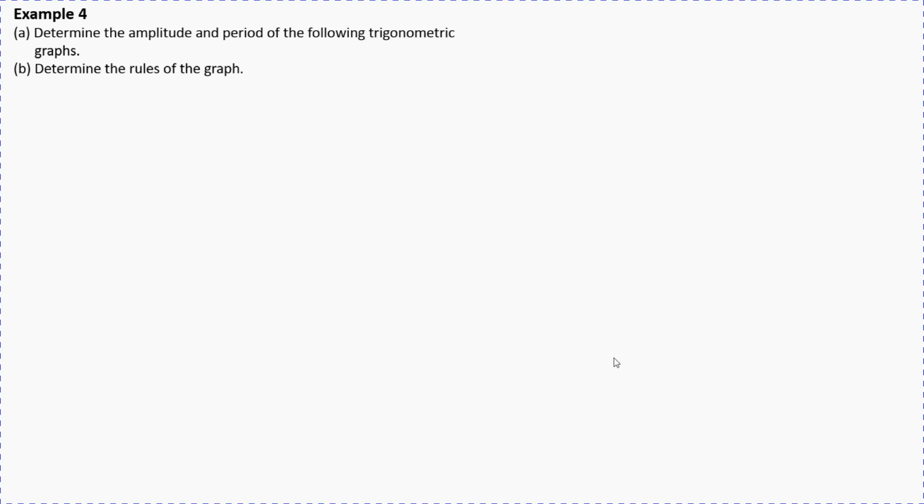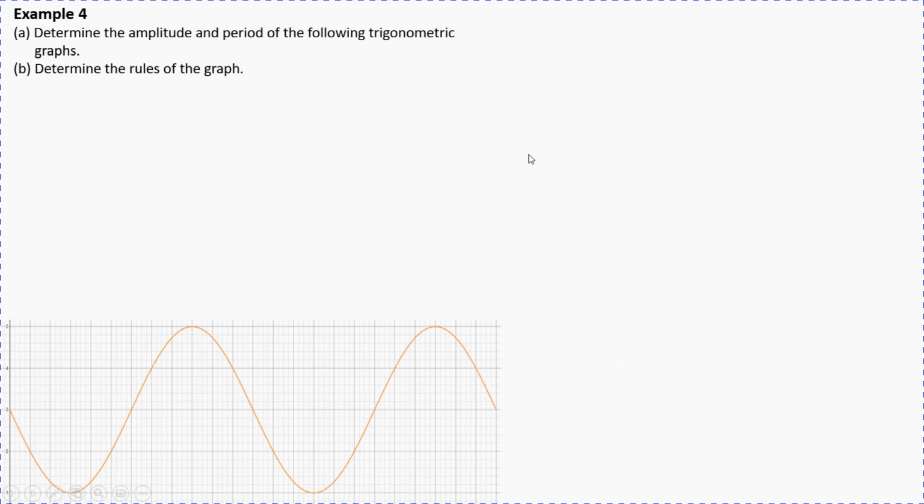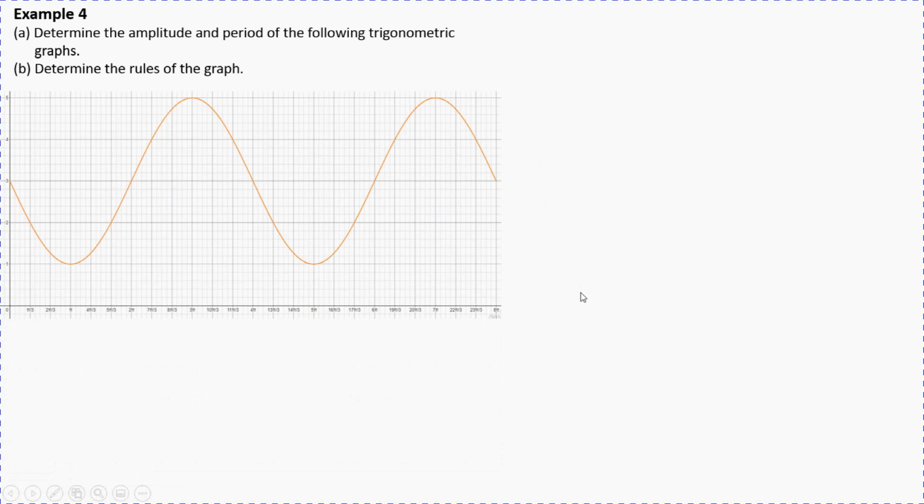This example is again the same question, but I give you another graph. Again, you need to find the amplitude and period first and then determine the rules. This time I think I should give you some time to work by yourself and then try to check the answer with my video.